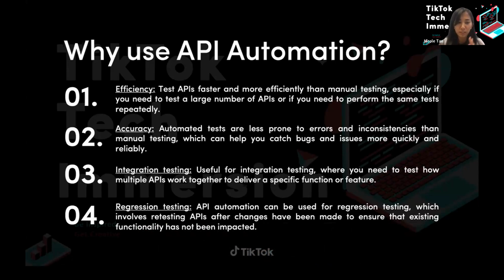By pinging one API, we can see how these different APIs work together and if they are working as expected. And then the fourth is regression testing. Regression testing, like what was covered in previous sessions, is just to cover that existing functionalities are working. This also goes for all types of automation, not just API.